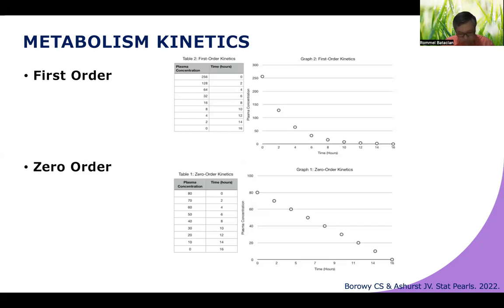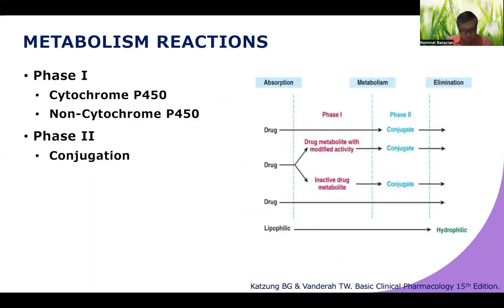The half-life of a drug following zero order kinetics decreases as the concentration of the drug decreases, which means the time it takes to eliminate half of the drug from the body will be shorter at a higher concentration. So the reduction of the concentration by 50% is faster if the serum drug levels are relatively high. Once the drug levels become low, the time for it to decrease that concentration by another 50% would be longer.